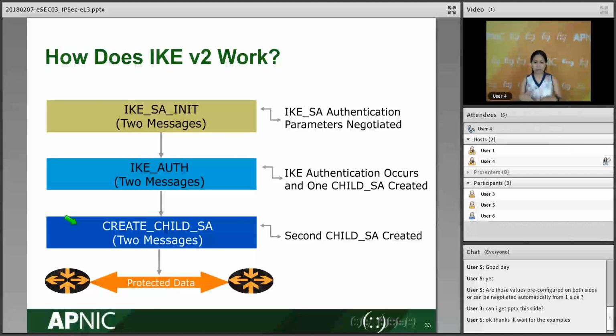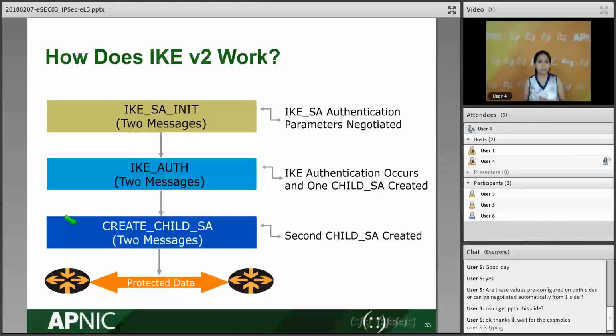Of course, it's not as simple as this and we have to go through the details, but at the very least you'll have five messages, or six if you count both ends, and you already have IPsec done, compared to two phases with six messages each. So this is much simpler than IKE version 1. Unfortunately, we won't go through the details of each one here.